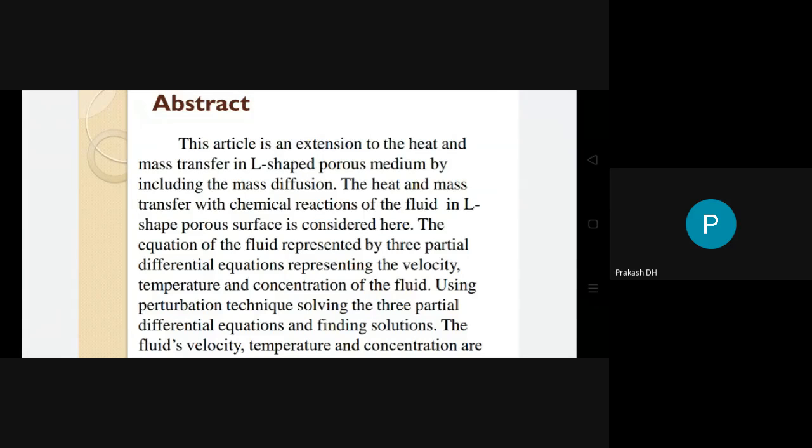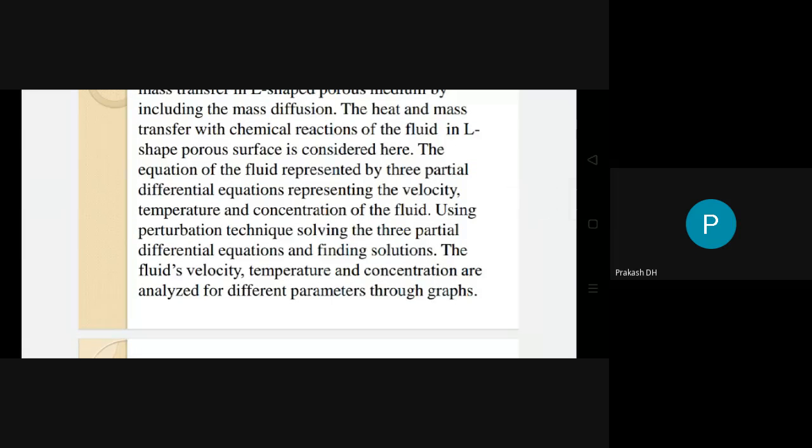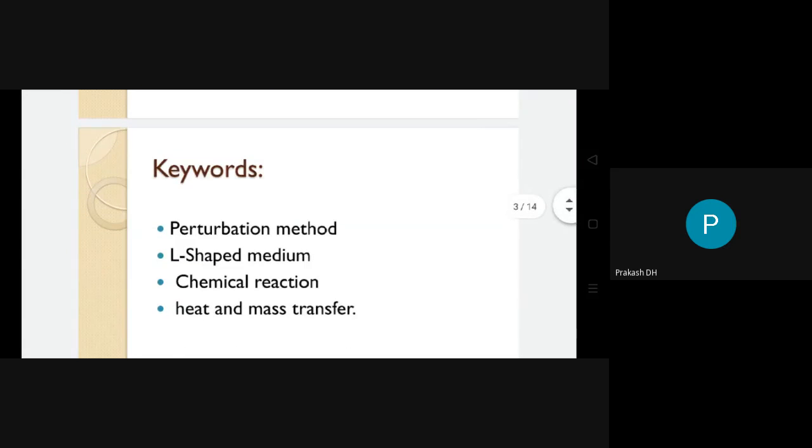The equations of the fluid are represented by three partial differential equations for the velocity, temperature and concentration of the fluid. Using the perturbation technique, the three partial differential equations are solved and the solutions found. The fluid's velocity, temperature, and concentration are analyzed for different parameters through graphs. These are my keywords.